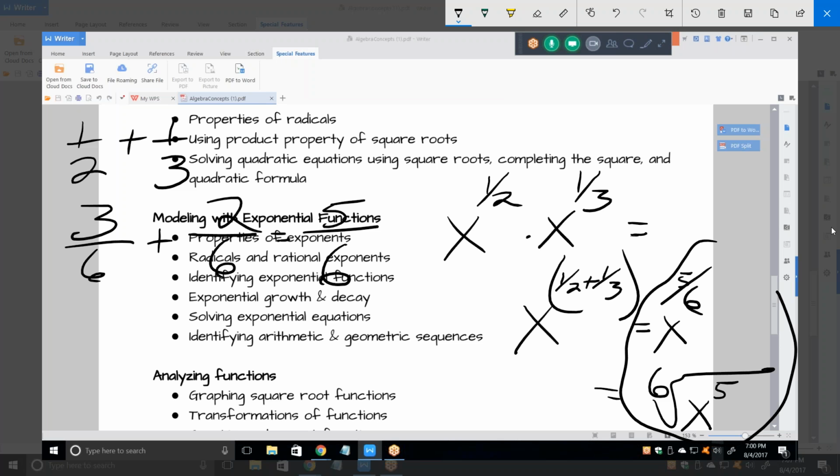You understand that right there? In other words, the denominator of the exponent is always the root, and the numerator is always the power. So x to the 5/6 is the same answer as the 6th root of x to the 5th. Got it. Okay, good. Let me test you.